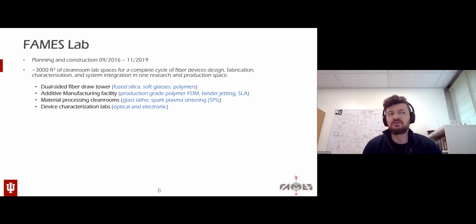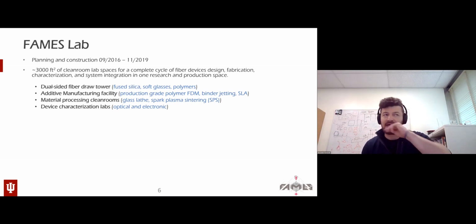We have an additive manufacturing facility, which has a number of production-grade printers, one for polymers, another one for glasses. We have material processing clean rooms with kilns and muffle furnaces and vacuum furnaces and hot presses.